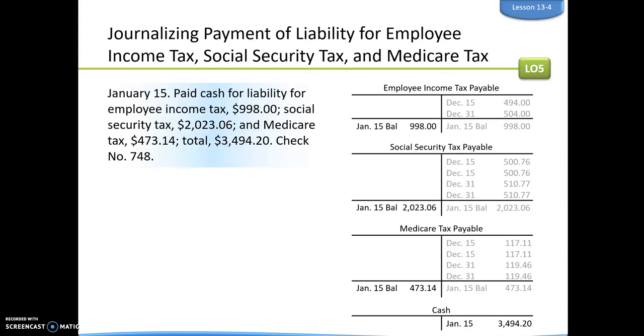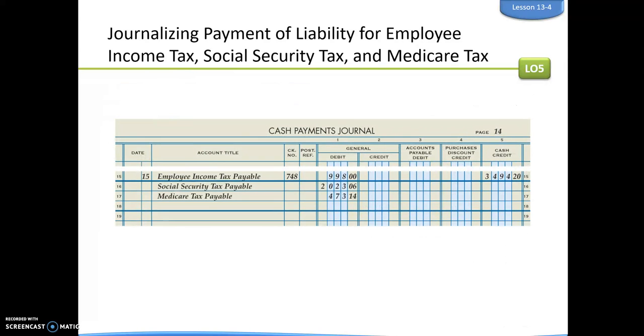So you have a debit of employee income tax payable, debit Social Security tax payable, debit Medicare tax payable, and the total is cash credit. This shows this transaction.